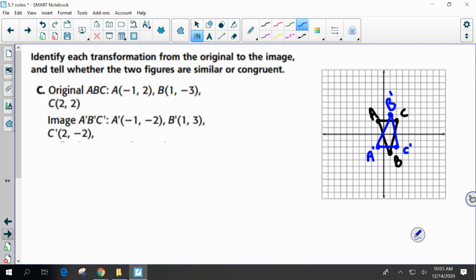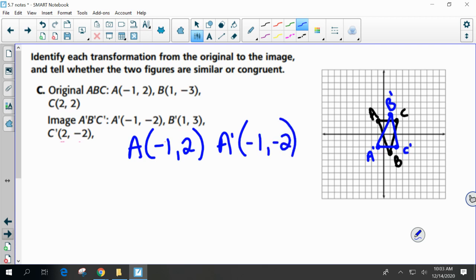No, so translation is out. Are they the same size? Yes. By the picture, yes. So dilation's out. So we're looking at rotation or reflection. So if you look at your coordinates, let's look at A to A prime. So look between your reflection and your rotation charts and see which one, first of all, what's happening here? What happened from A to A prime?